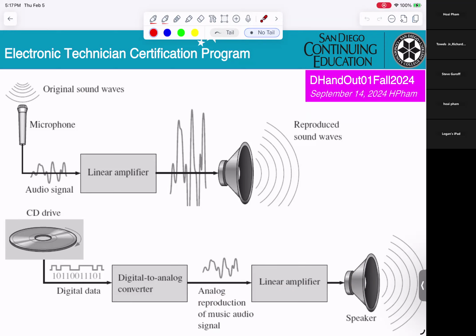So the first thing, they get a digital to analog converter. And they have to go into another device we can call an analog to digital converter. Then they go to the amplifier.